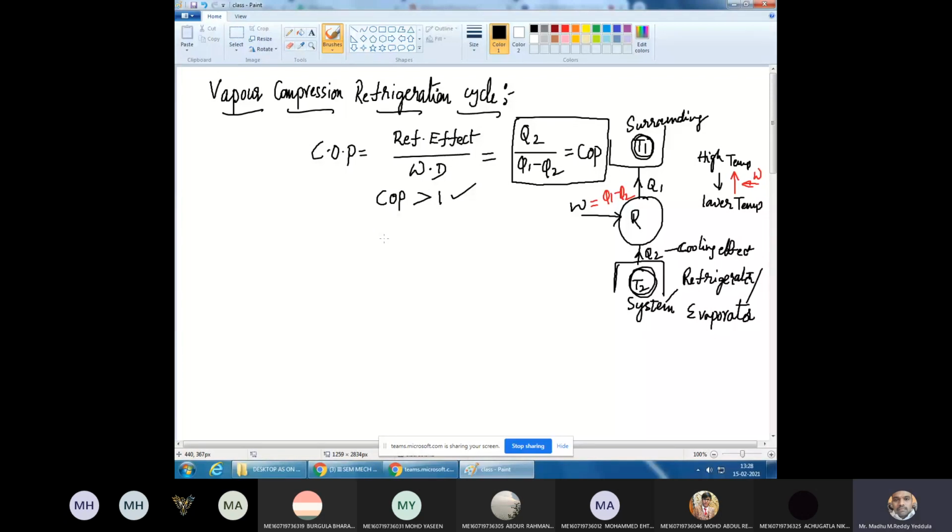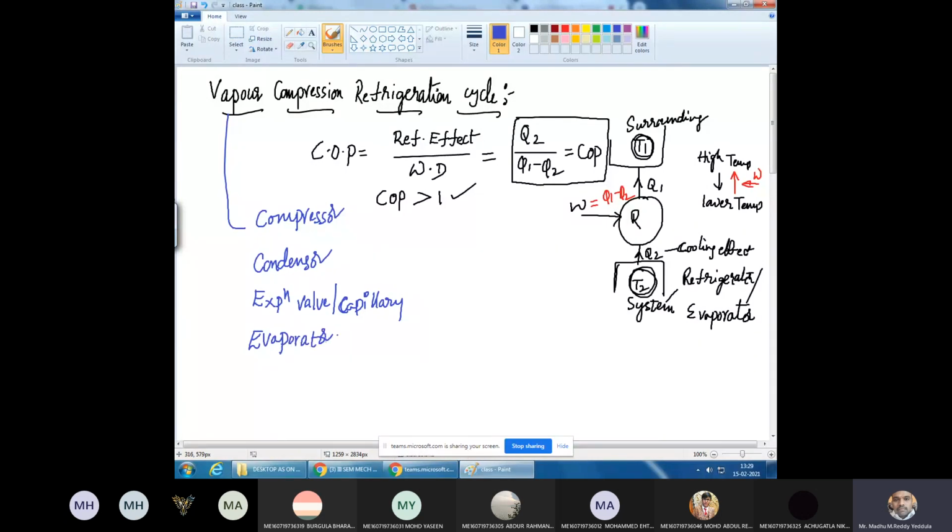Basically, this vapor compression refrigeration cycle consists of four elements: compressor, condenser, expansion valve, or we can also call it a capillary, and evaporator.